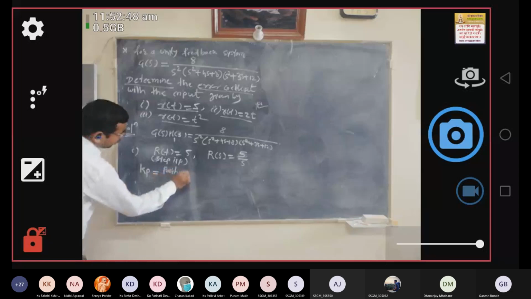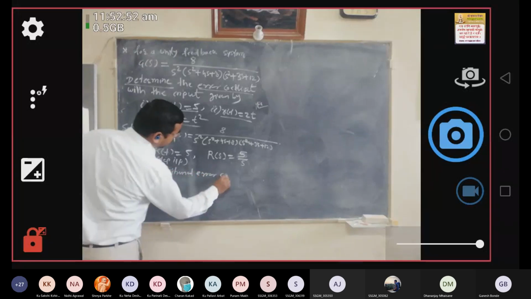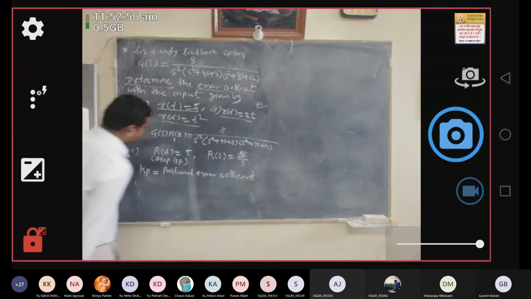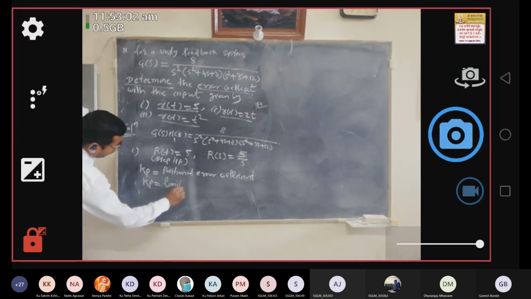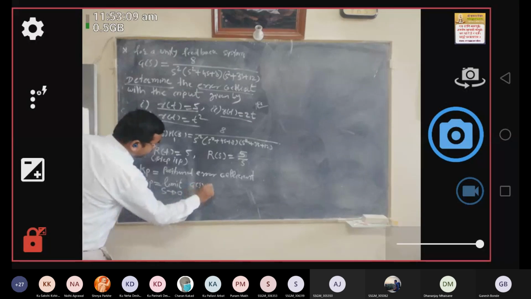Write down this positional error coefficient. So what is the value of Kp? Write down the Kp formula: limit s tends to 0, G of s into H of s.